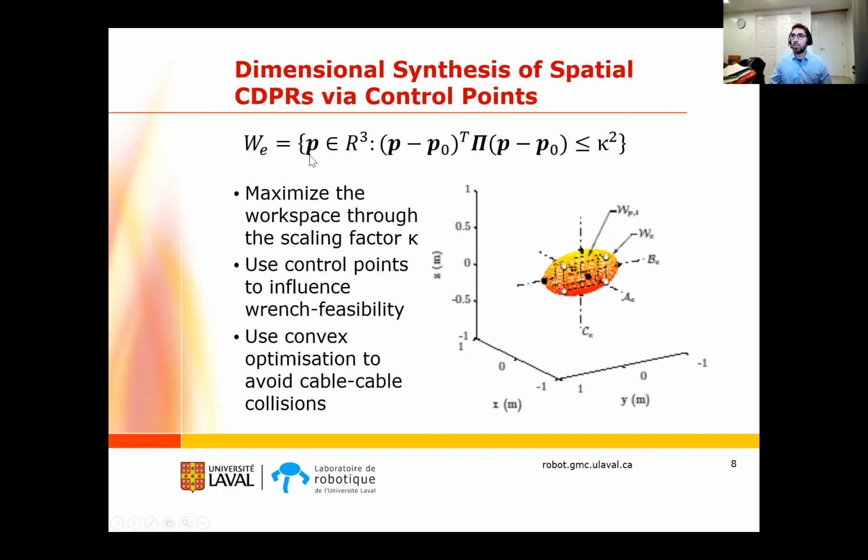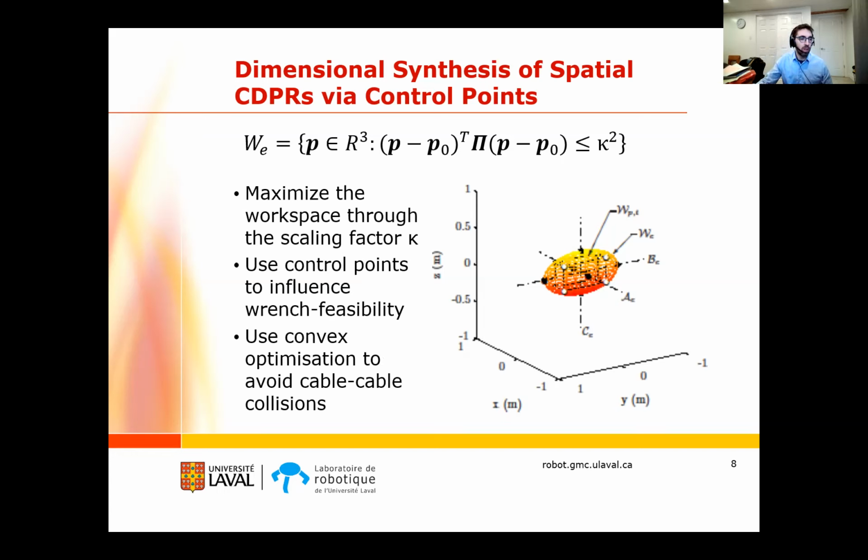And we verified collisions between the cables by defining an ellipsoid. The ellipsoid is the volume that we aim at. It's our prescribed workspace. And the black points at the surface of the ellipsoid are our control points for wrench feasibility. To verify that we have no cable-cable collisions, we verified the intersection between the ellipsoid and the cable-cable collision regions.